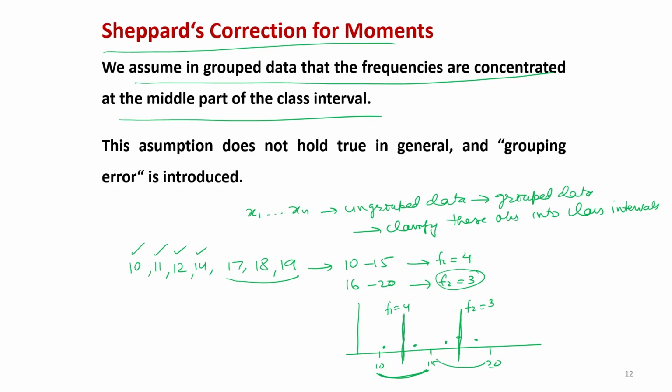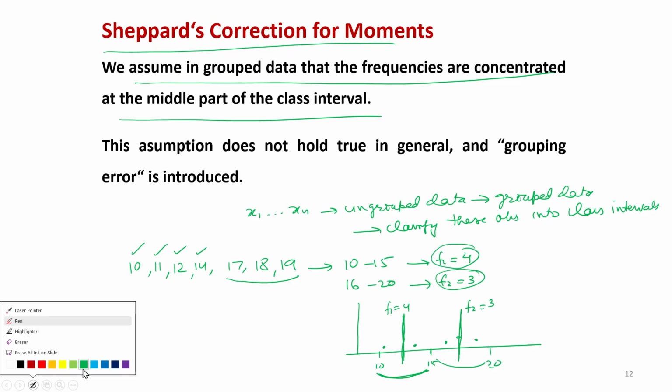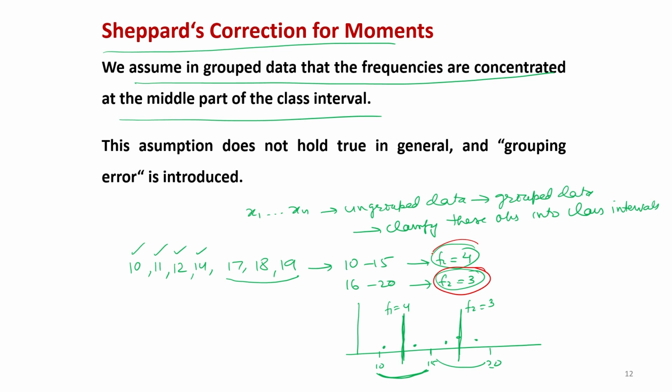Now, if you look at the frequency value f1 equal to 4 or f2 equal to 3, my question is this: can you tell me the individual values?